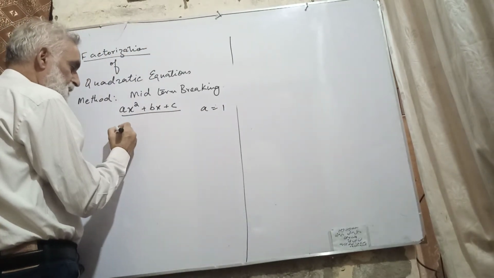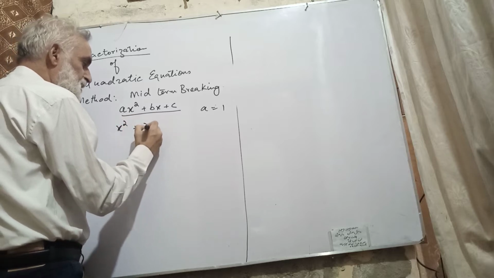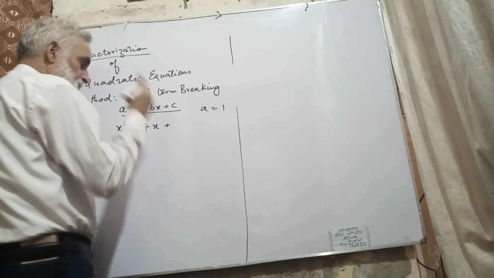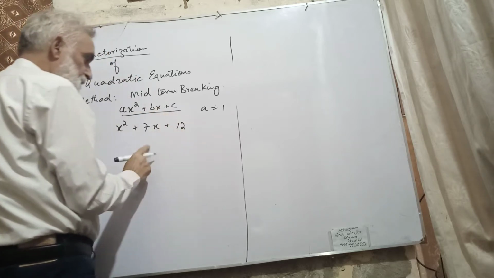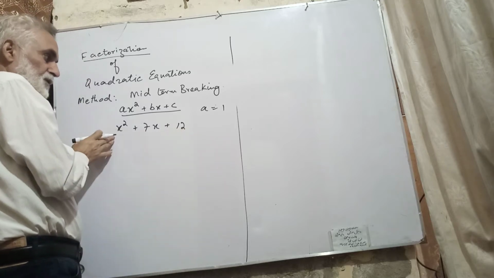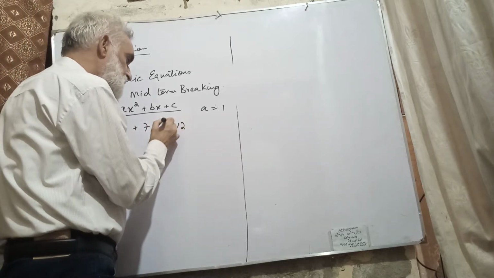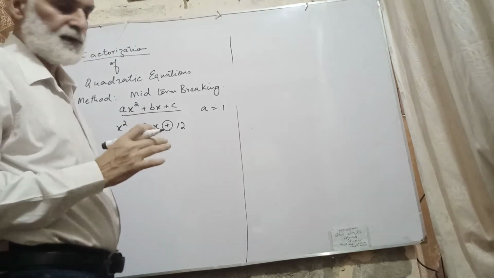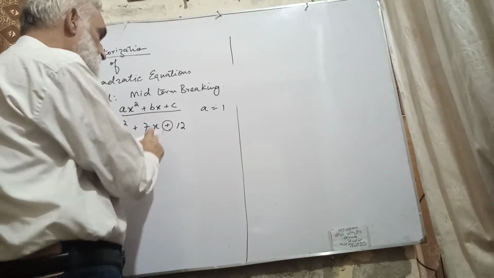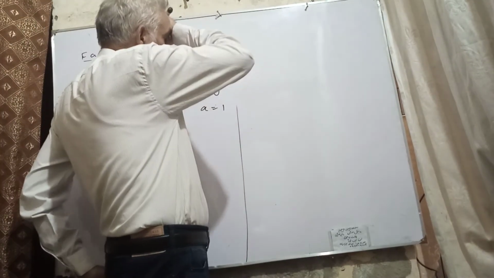So take an example: x squared plus 7x plus 12. Right. Here in this equation, for factorization, this sign is very important. Keep this sign in your mind.